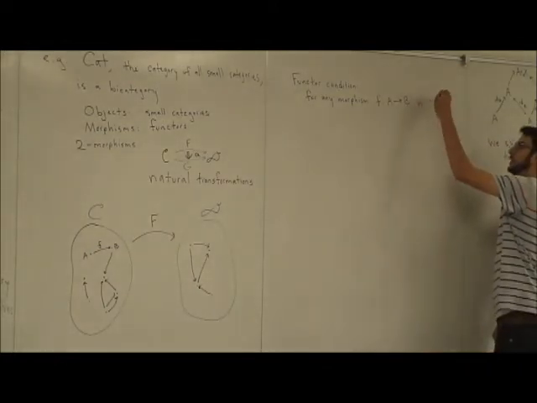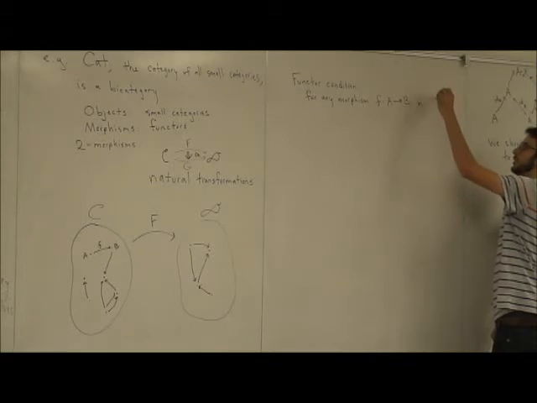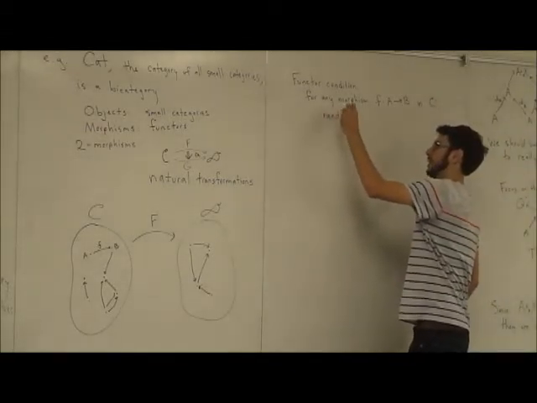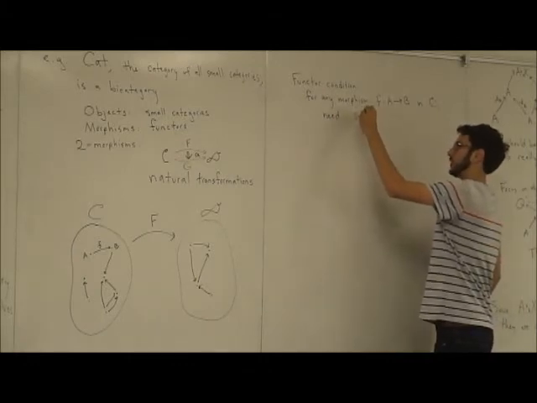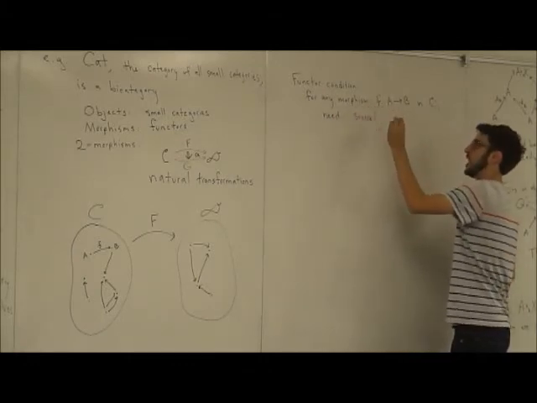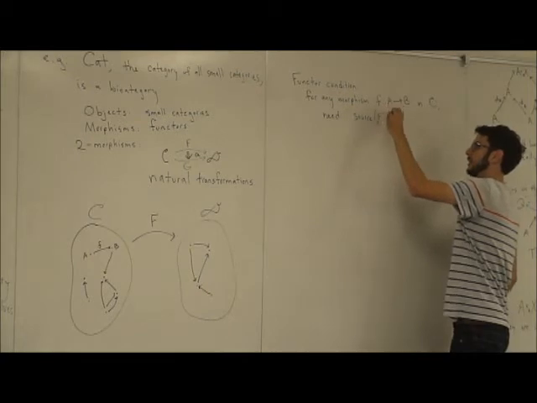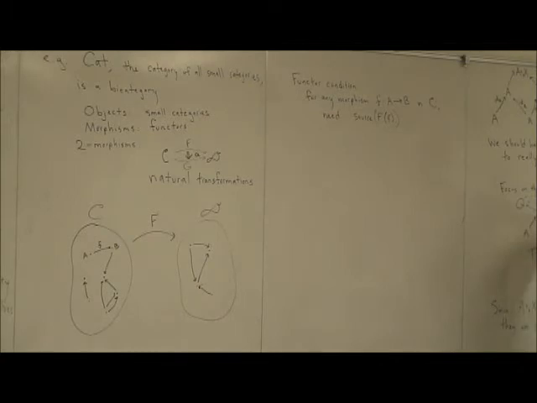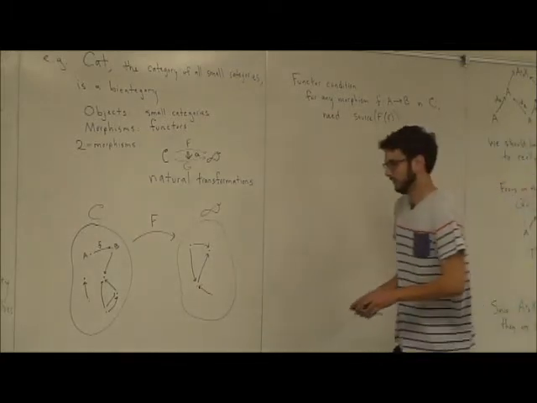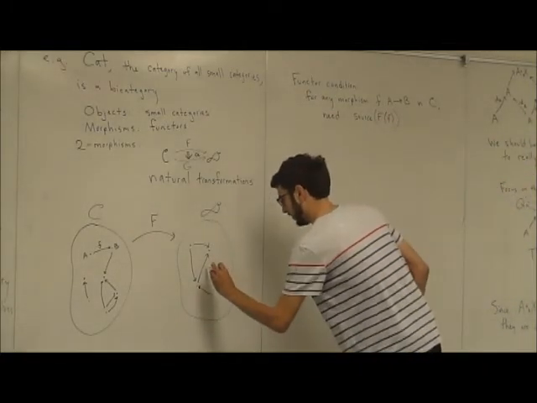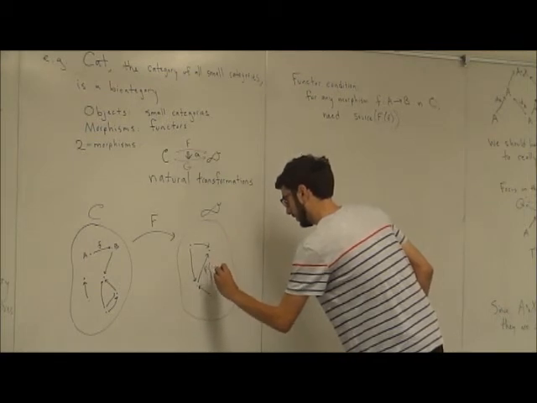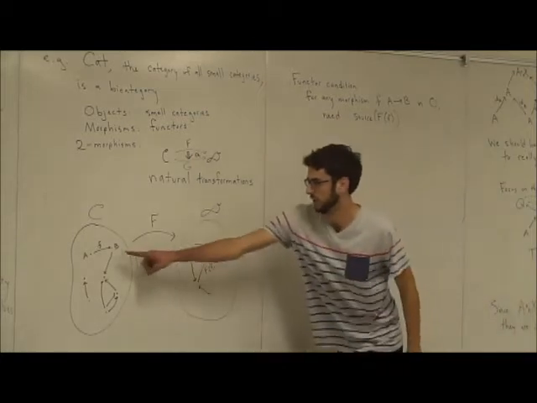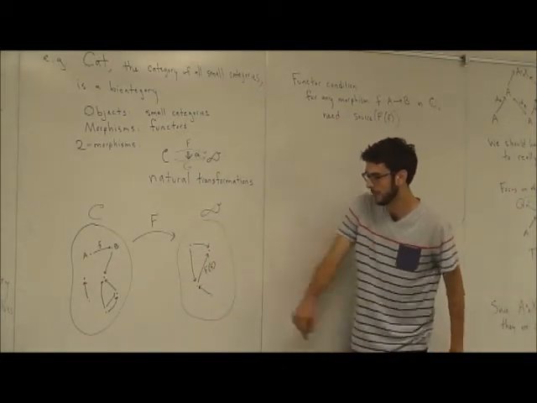So for any morphism in your source category, you need to have that the source of the functor applied to f. So let's say here now it is capital F applied to little f, shoots it over to this arrow.